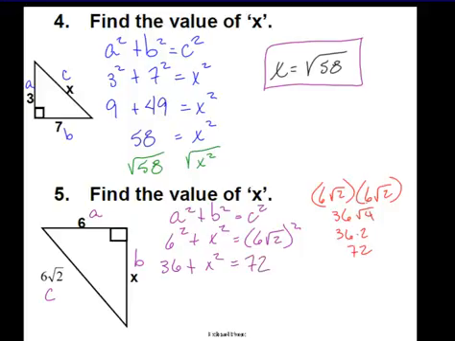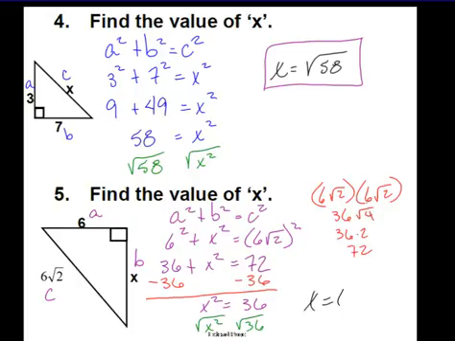My goal is to get the x squared by itself, so I'm going to subtract 36 from both sides. Here I see that x squared is equal to 36. I take the square root of x squared, the square root of 36, and I find that x is equal to 6.